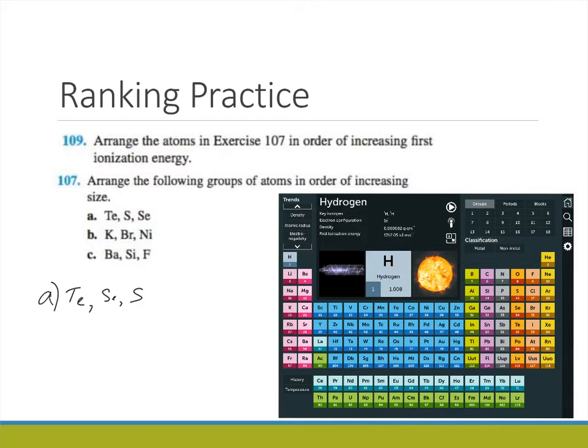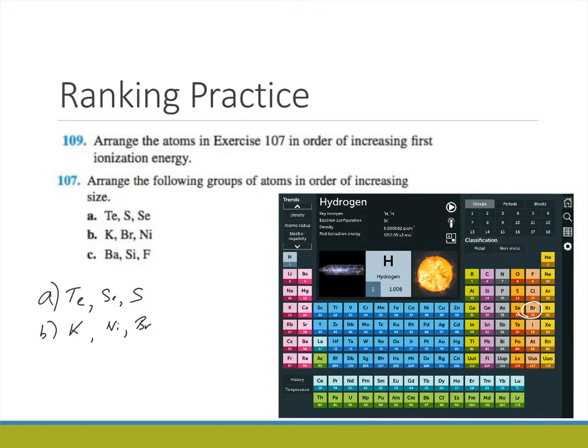Now, part B asks us about potassium, bromine, and nickel. So, in order of increasing first ionization energy, we know that as we go across a period, ionization energy increases. Therefore, potassium should have the smallest, followed by nickel, followed by bromine.